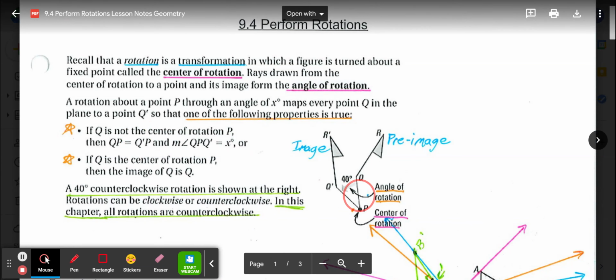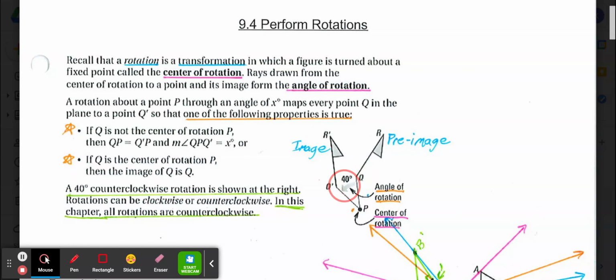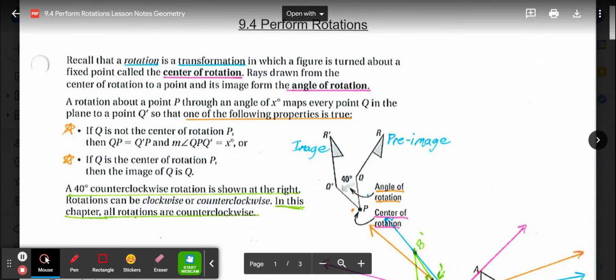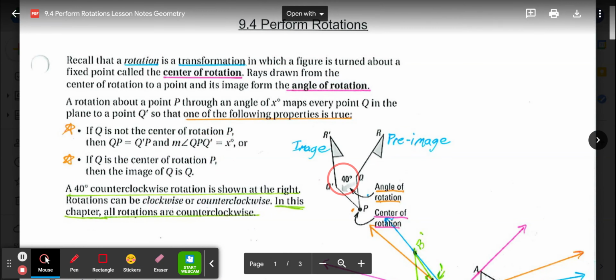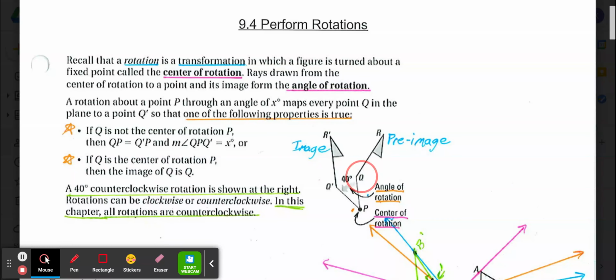So in other words, if we look down here, point Q, after we rotated 40 degrees, Q prime is still the same distance away from point P. And the measure of angle QPQ prime is going to equal our degrees. So if I drew in this angle and measured it from Q to P to Q prime, it should measure the same as our rotation angle.